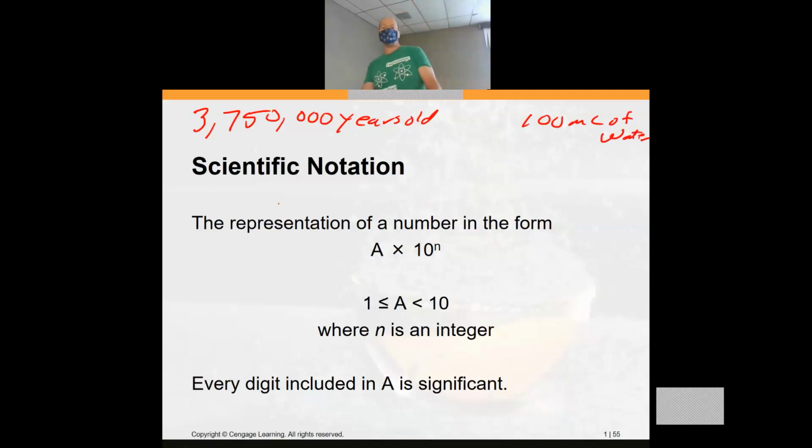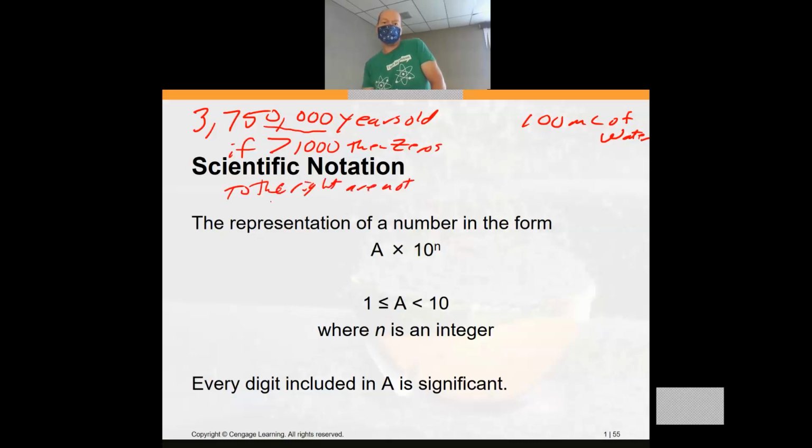The rule is if you are greater than 1,000, then the zeros to the right are not significant. All right, and so the answer here is 3 sig figs.